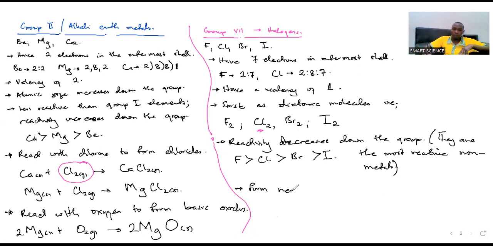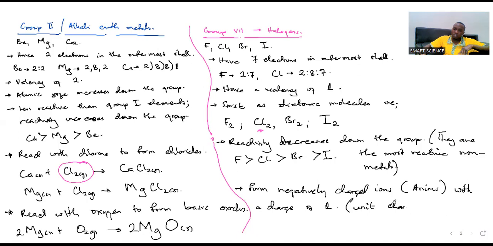Form negatively charged ions. Such ions are called anions with a charge of 1. Some individuals will say with a unity charge.